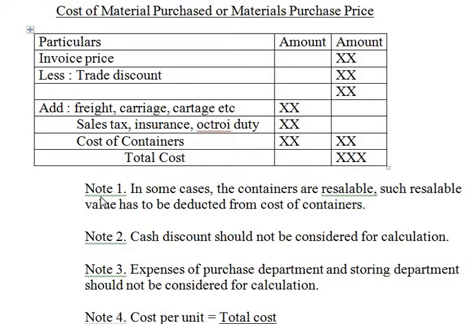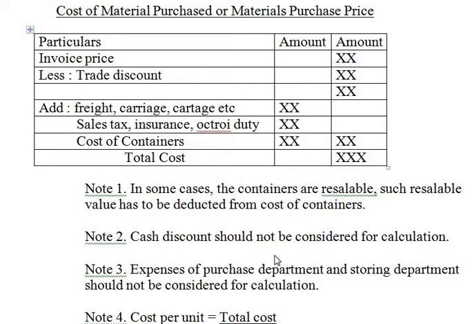Here there are some working notes, some important points you will have to remember. Note 1: in some cases the containers are resellable. Such resellable value has to be deducted from the cost of containers.